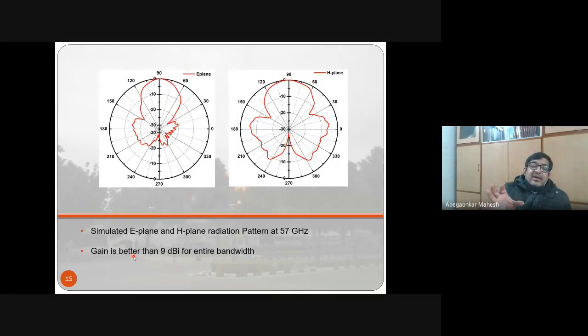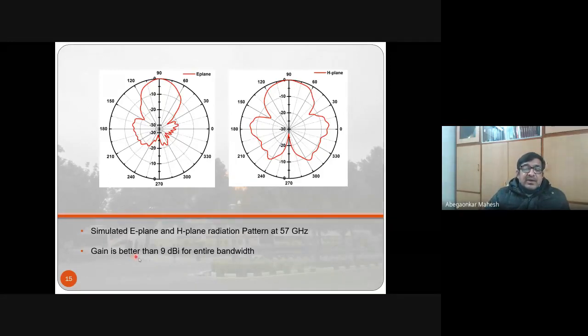You can see that there is a large concentration of power in a small beam. Likewise for the H plane, there is some power going in other directions as well, but this can be taken care of by putting in appropriate reflectors so that the entire power goes in the forward, end fire direction.